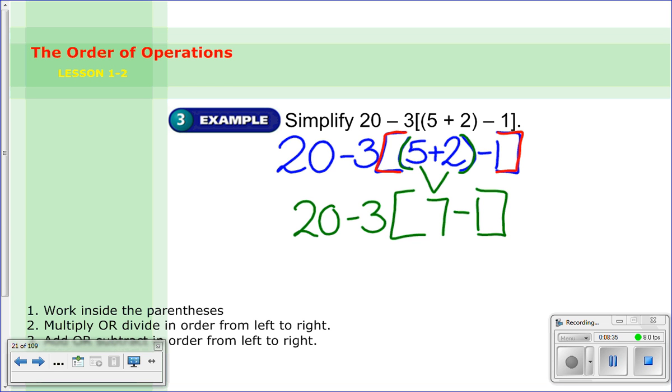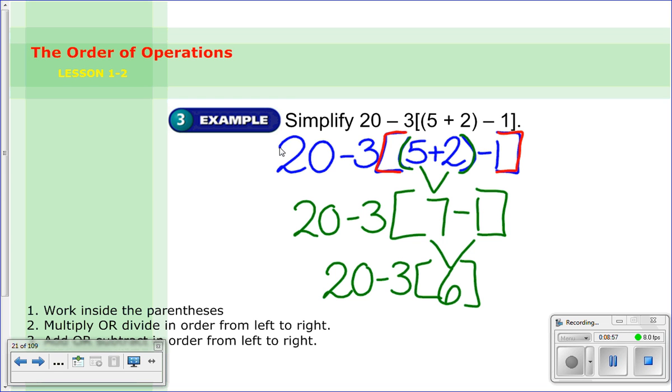All right. And now we're just left with 1 set of parentheses. So we'd start there. And we do, 7 minus 1 is 6. When you do this one now, we have 20 minus 3 times 6.